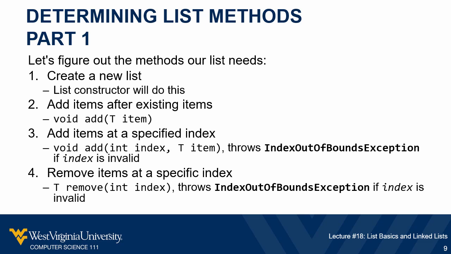Now, if I really wanted to, I could code up some simple one-line methods that would just call remove and pass index 0 or this dot size minus 1 to get the front or rear and remove those. But those are less commonly used sorts of tasks.